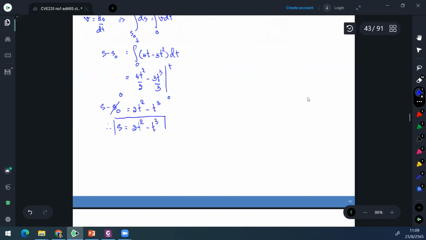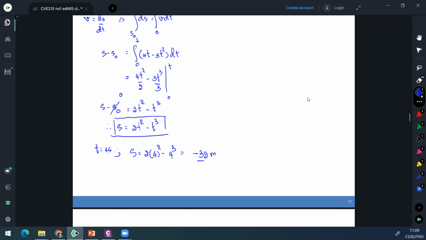When time equal to 4 seconds, we substitute into this equation and obtain s equal to 2 times 4 squared minus 4 cubed, which becomes minus 32 meters. So what does it mean? It means that the position of the particle is to the left, not to the right.